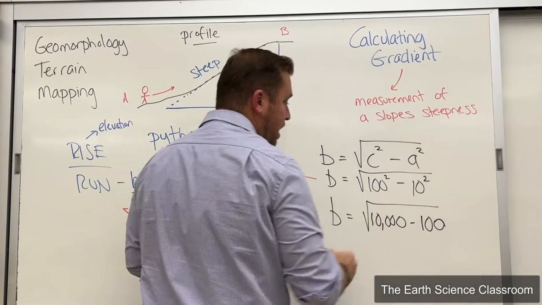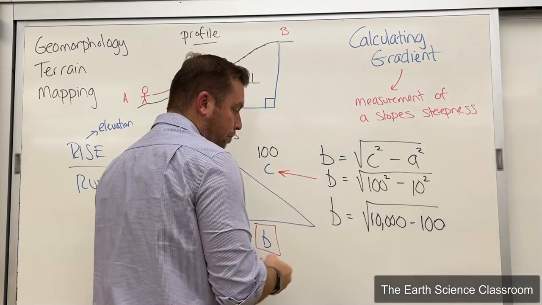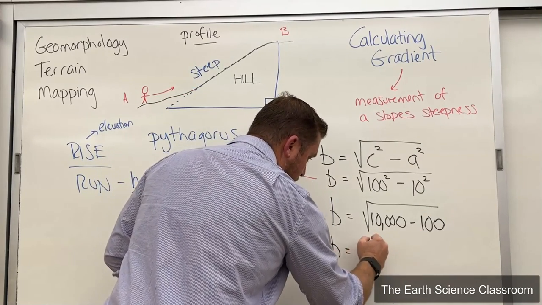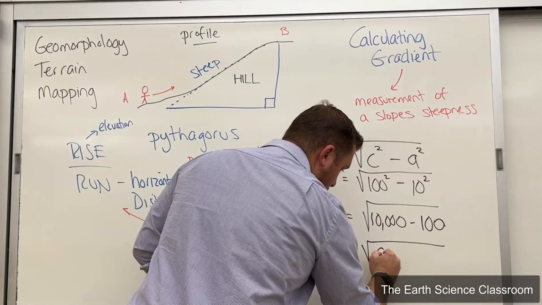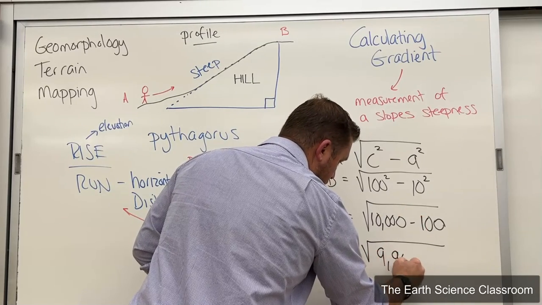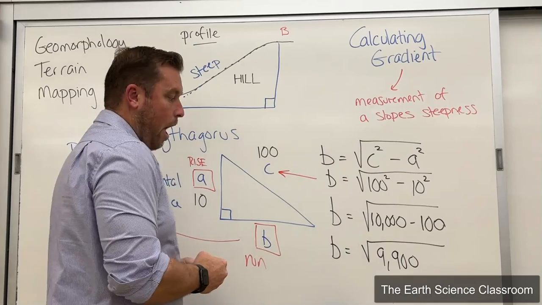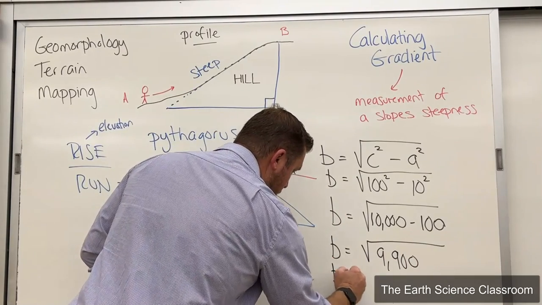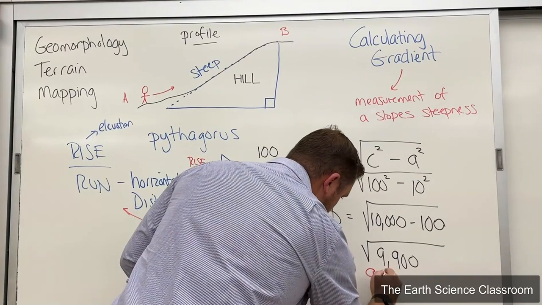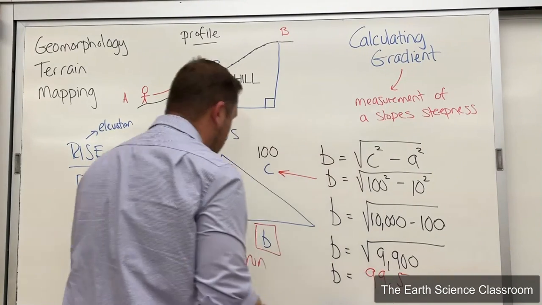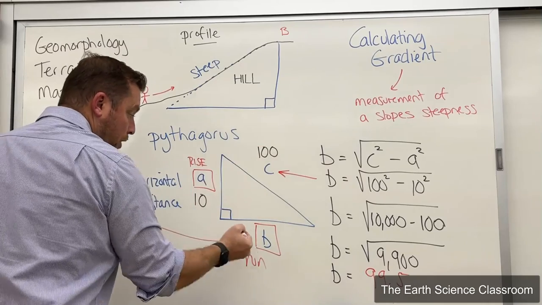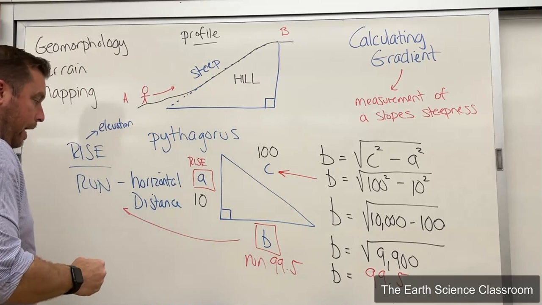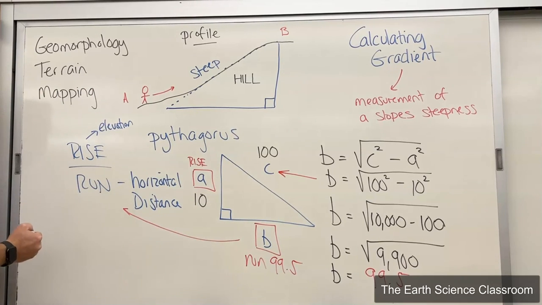So 10 times 10 is 100, and 100 times 100 is 10,000. So B equals the square root of 9,900, and B is going to be 99.5. So put it into our triangle. This is 99.5, which is B. Put that into our gradient.